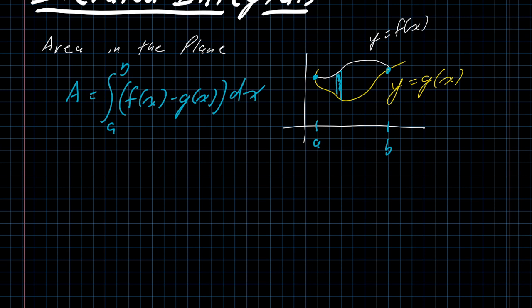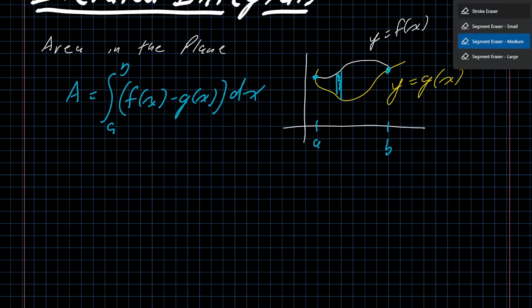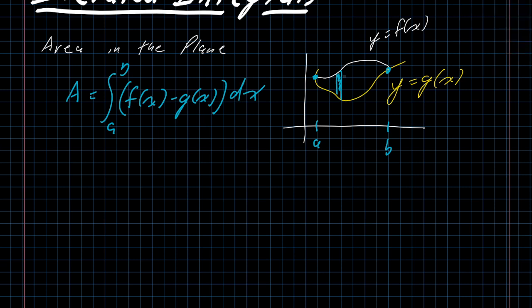And so instead, if I take the same picture and I just get rid of that blue area component that we just looked at, and instead just think about any one small rectangle.